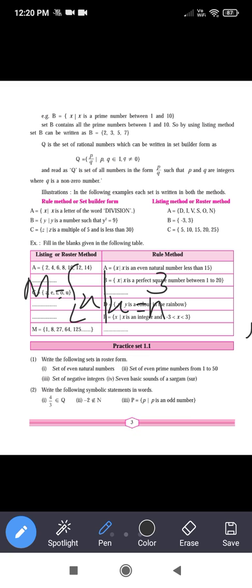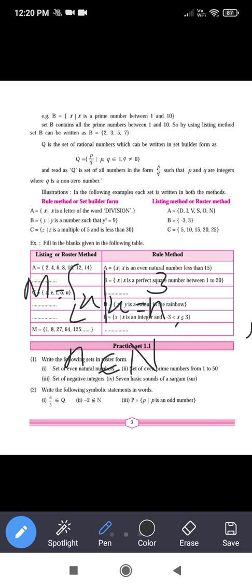Now what is n? At the place of n there are natural numbers. So we have to write one more property of n: n belongs to natural numbers. The limit here is up to 125 and so on is shown here.